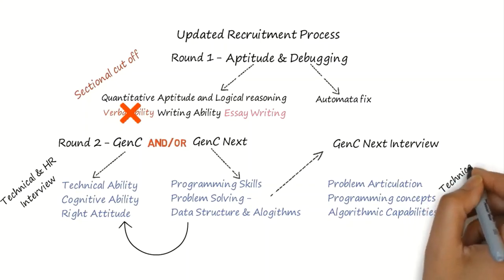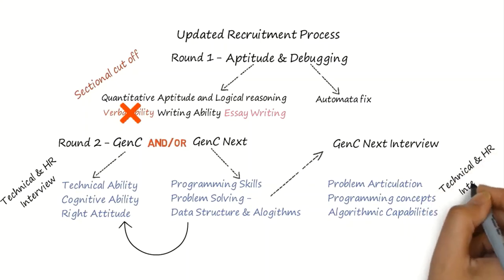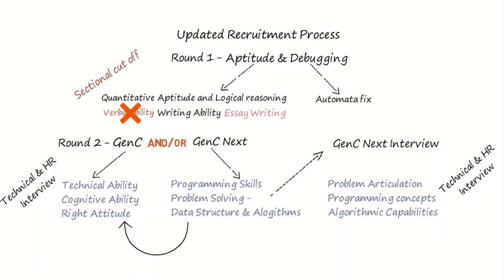If you clear this round, then you end up getting the GenC Next package in CTS. So nothing to worry about. If you prepare the questions that I will give you in this video, you should be able to clear at least the GenC interview.